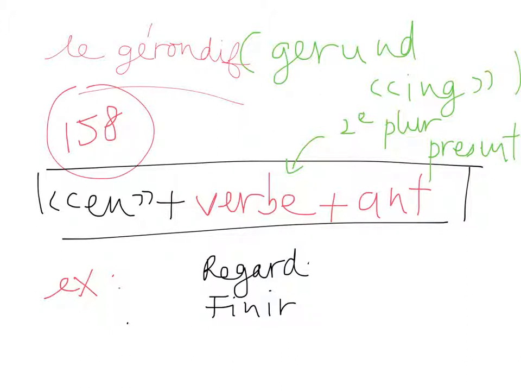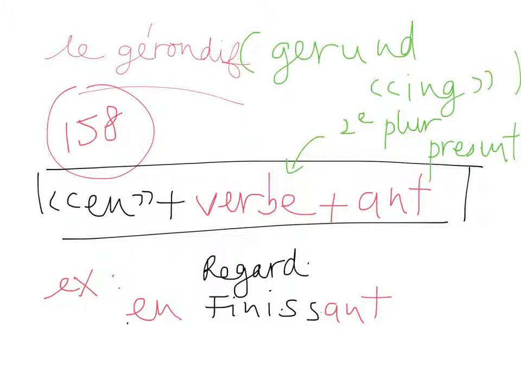Now keep in mind that the vous form of finir is finissez. Finissez. And I add my EZ. I'm going to remove that. I'm going to add my ANT, and I'm going to add my little en in front, and I'm going to have by finishing or while finishing. This is for the formation of the gérondif.